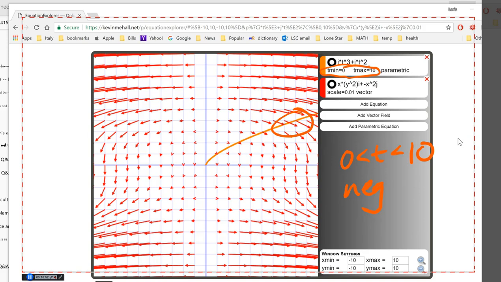The particle is going in the same direction as the vectors, so it's going to be positive. If you look here, it looks like they're going perpendicular. Anyway, let me get out of this and let's actually do the problem itself.